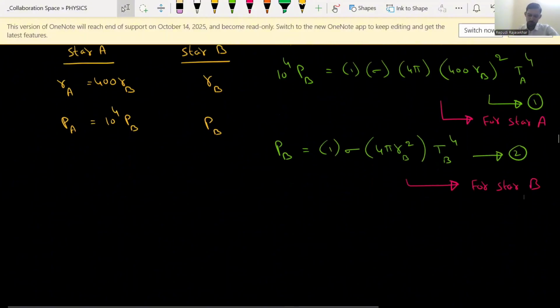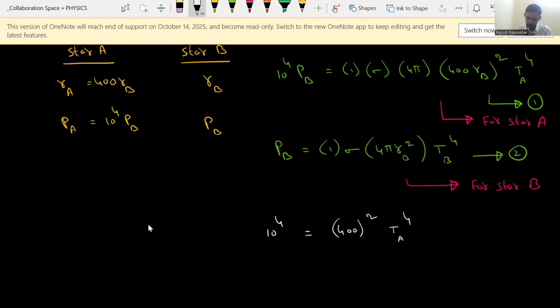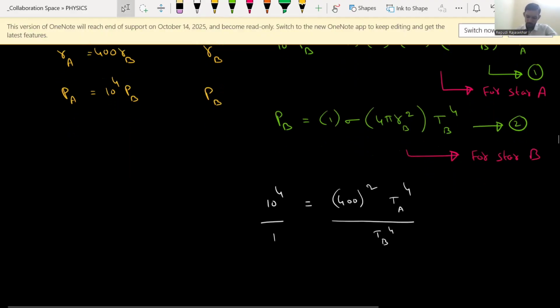Right. Now divide equation 1 by equation 2. You get the relation where PB and PB get cancelled. So 10 power 4 equals, with 1, sigma, 4 pi and RB square cancelled, what is left is 400 whole square, TA power 4 divided by TB power 4. Just rearrange the terms.